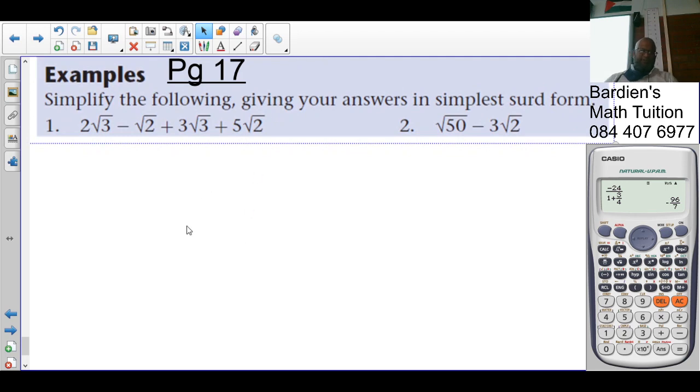Simplify the following, giving your answer in the simplest surd form. Go for it. Look here. Simplify the following, giving your answer in the simplest surd form. Okay, try number 1 quickly.